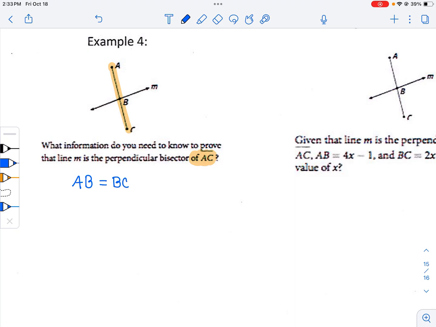In order to prove that it's bisected, we need to know that those two pieces are equal. We also need to prove that, keep in mind the word perpendicular, they intersect to form right angles. Okay? So without knowing that, we can't look at a picture and just assume that things are perpendicular bisectors.